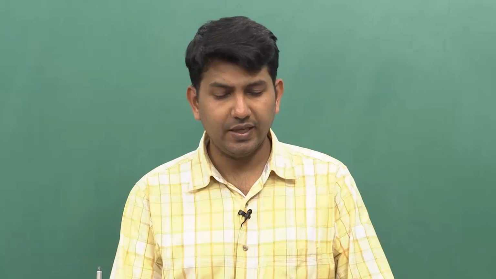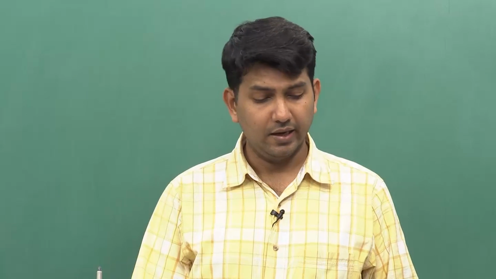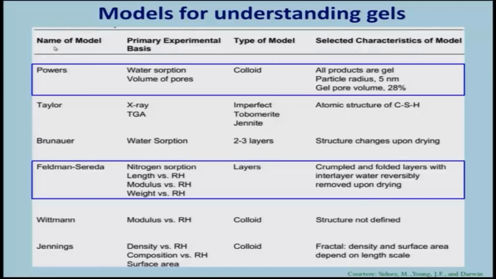There are also some models provided for understanding gels. The different models are Power's model, Taylor's model, Brunauer's model, Feldman-Sereda model, Whitman's model and Jennings model. These are generally famous models for understanding the hydration of cement, and some of the primary experimental basis, type of model and characteristics of each model are listed.